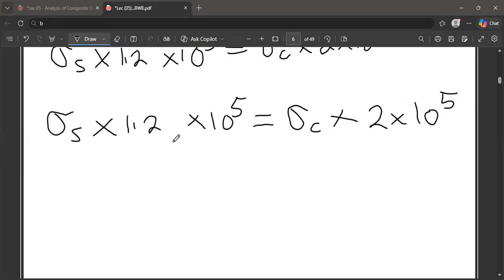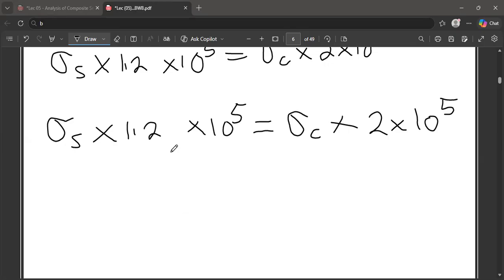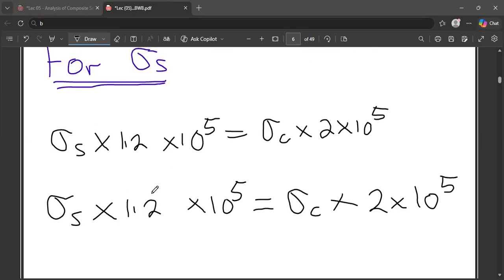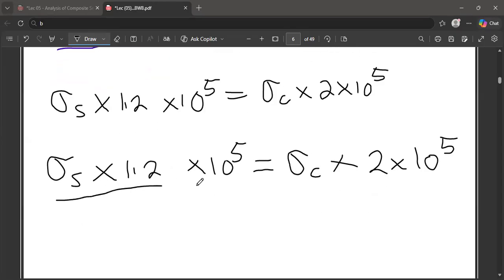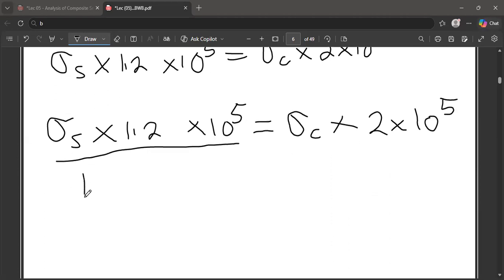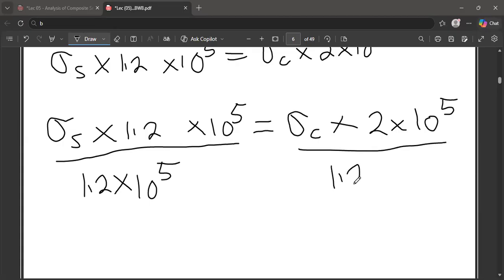So from here, we just have to divide. We divide because we are looking for the stress in the steel rod. So we divide here by 1.2 times 10 exponent 5, and we also divide the other side by 1.2 times 10 exponent 5.